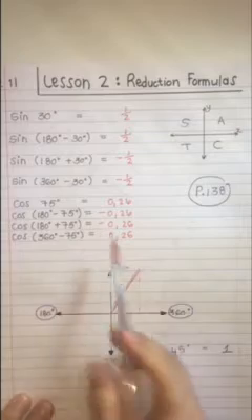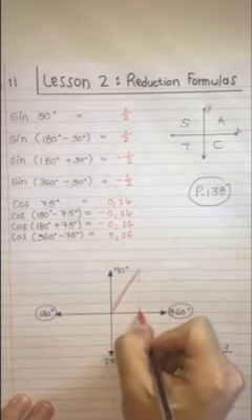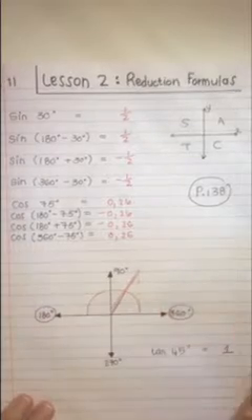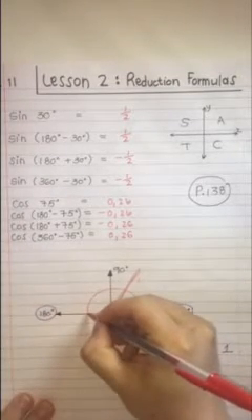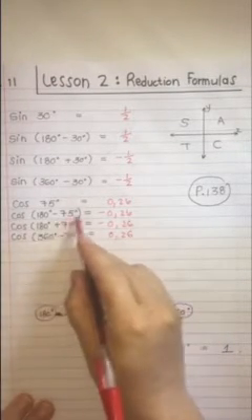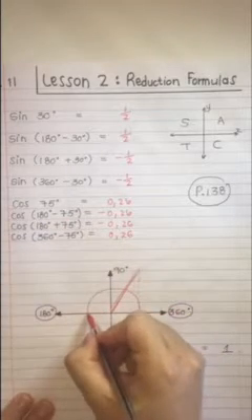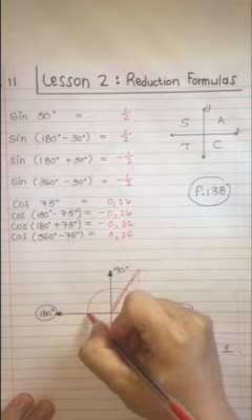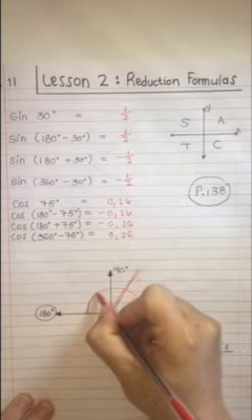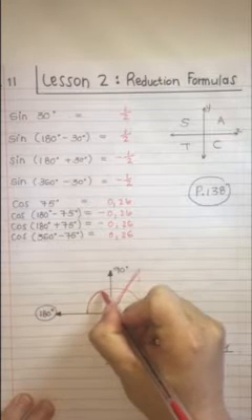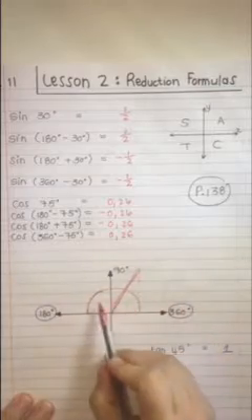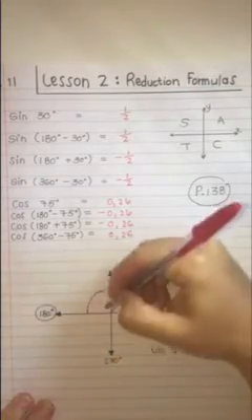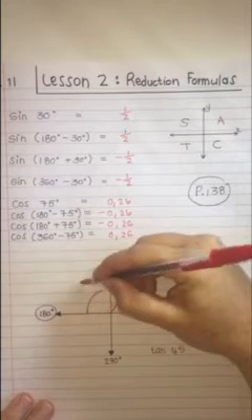Now let's do this one. Here, this angle is going to look like this. So we're going to start here, and we're going to go all around to 180 degrees, and then we're going to go back, minus, negative. So you go towards 180 degrees, but then you have to go back 75 degrees. So it's going to be exactly the same angle as this one, but it's only going to be in this quadrant.